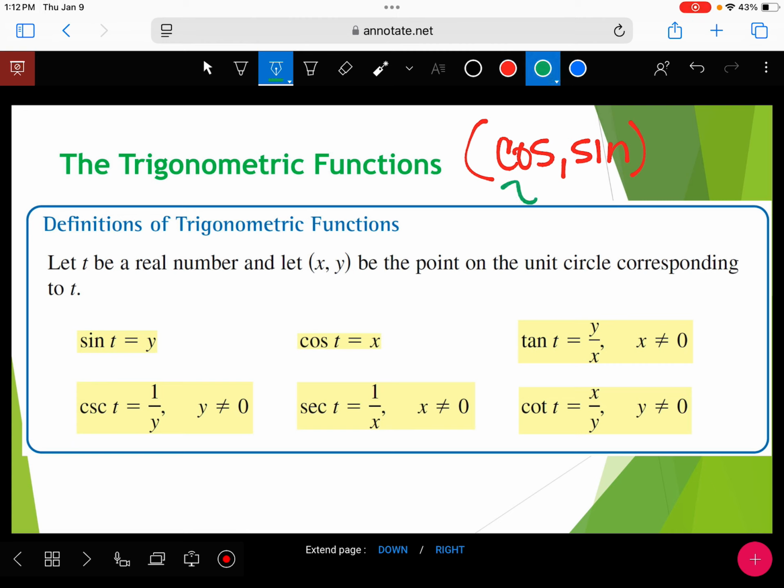Your x value is always cosine and the y value is sine. The way I remember that is that alphabetically, C comes before S, so cosine is always first. So write that on your unit circle.